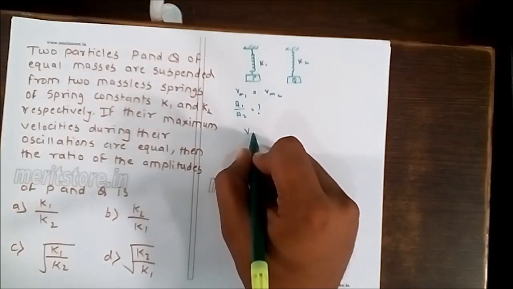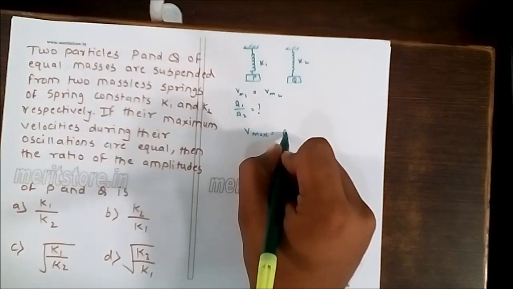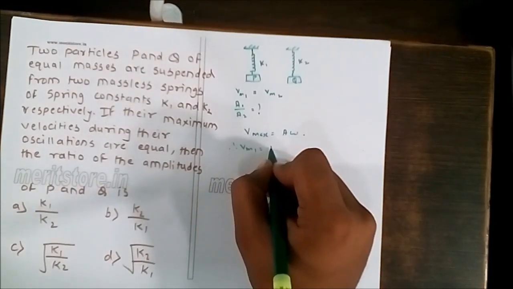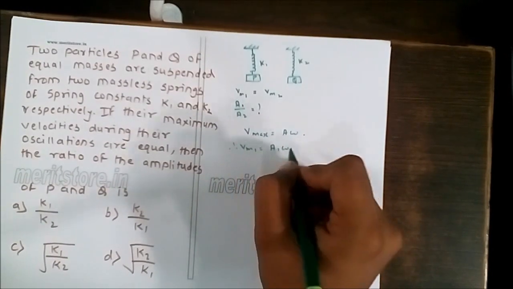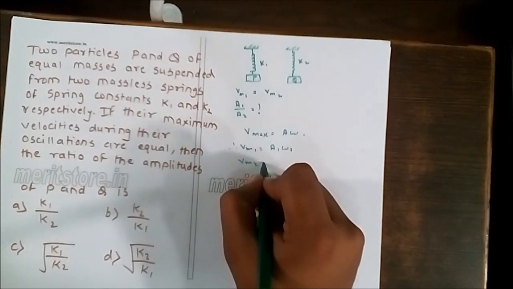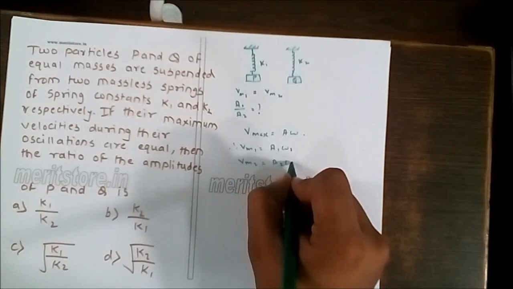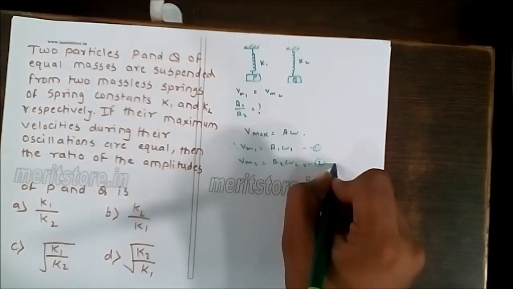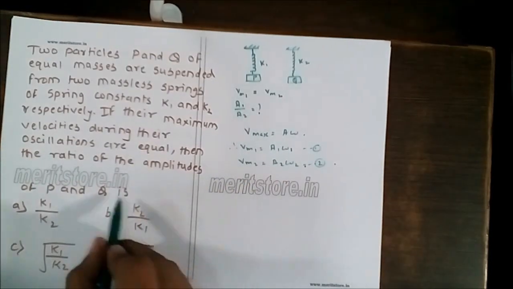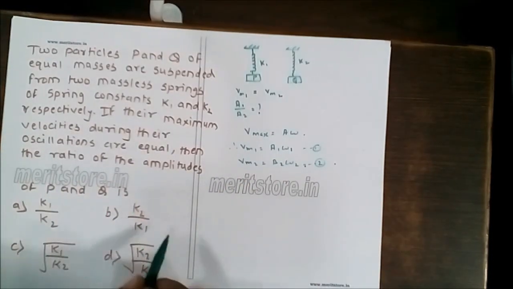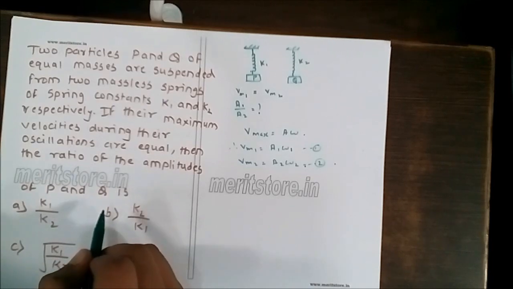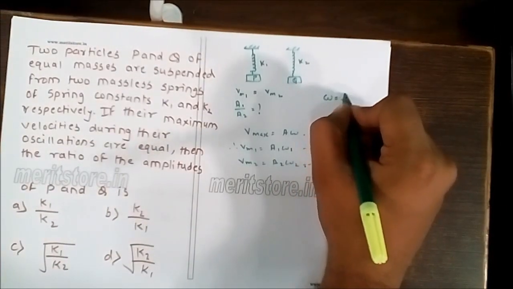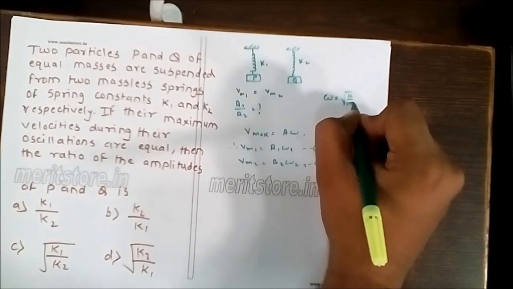So first of all, the formula for V max is A omega. Therefore, for Vm1 it is A1 omega 1, and for Vm2 it is A2 omega 2. Equation 1, equation 2. As we observe, the options are given in terms of spring constant, so we have to put omega as root of k by m.